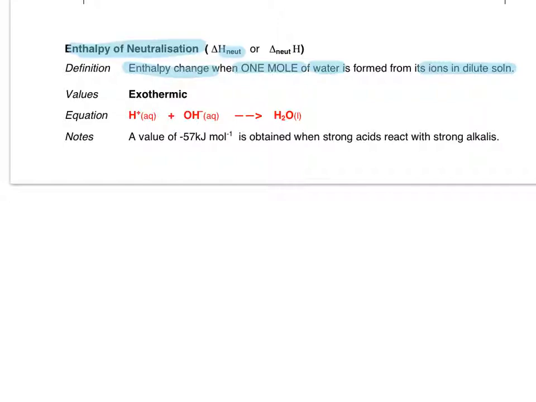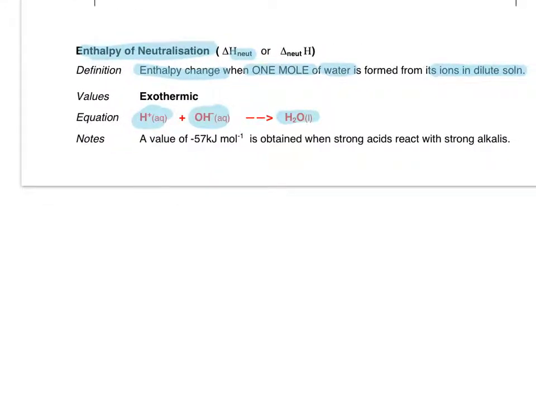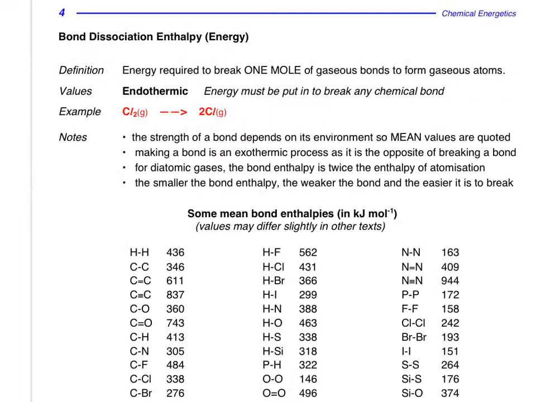So that's where you're getting your H plus from your acid reacting with your OH minus, possibly from your alkali, to form 1 mole, 1 molecule of H2O. And these tend to be exothermic reactions, so they will have a negative enthalpy change.